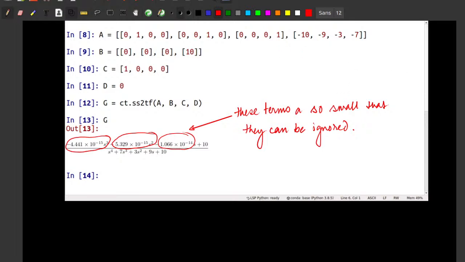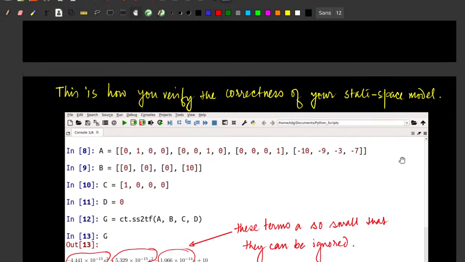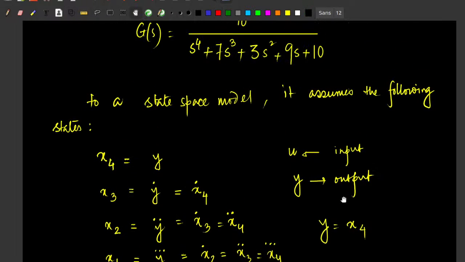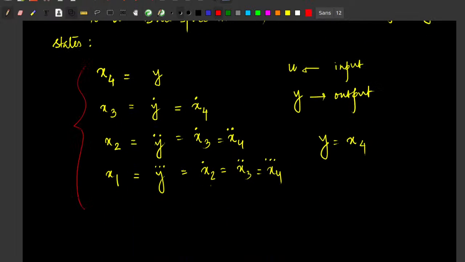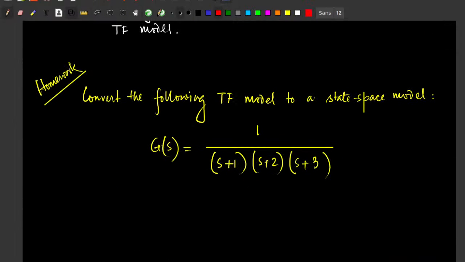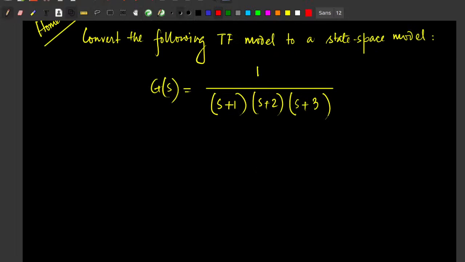All right, so this is the way you actually convert this and figure this out. Again, this is the assumption they are making. Nonetheless, if you construct the state space model the way I have taught you, you will see that you are ending up with the correct result.